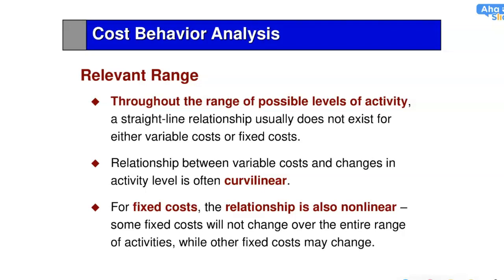But now I'm at the limit of my capacity. That is, if I want to produce 1,200 desks, well, my fixed cost is no longer $10,000. I have to add capacity. I need a bigger place. And so my fixed cost rent will change. And that means that you have to add capacity.